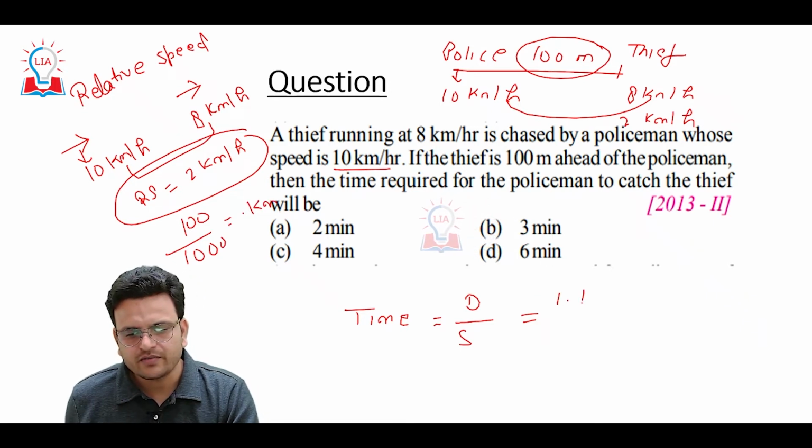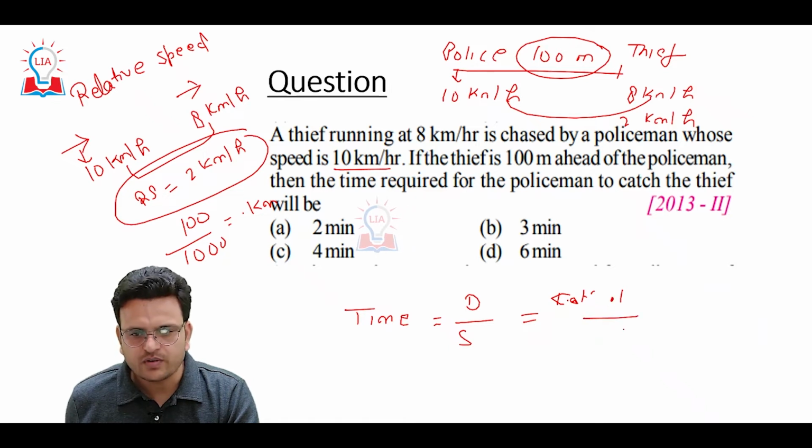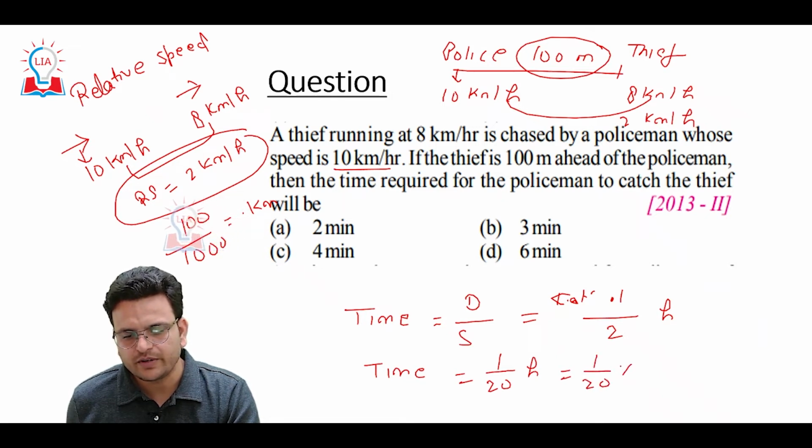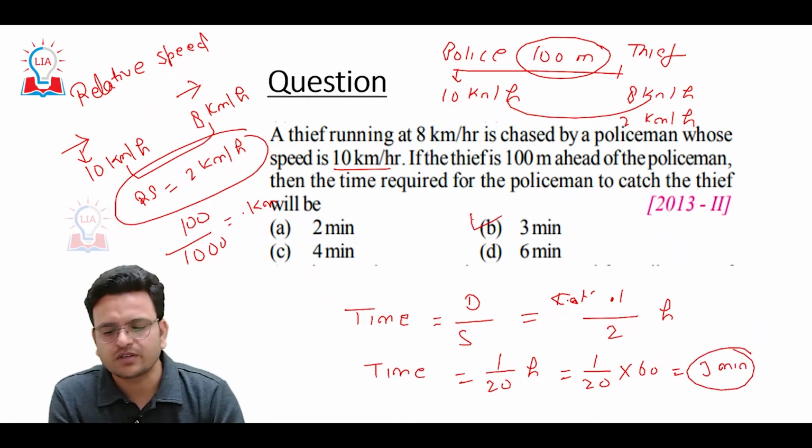So 0.1 upon 2 r. Okay, so time becomes 1 upon 20 r, or we can convert it into minutes also, multiply by 60 minutes. So hope you are able to understand this particular question.